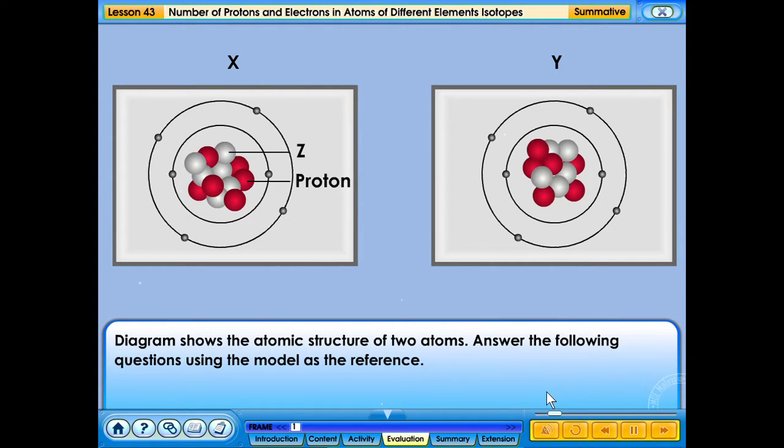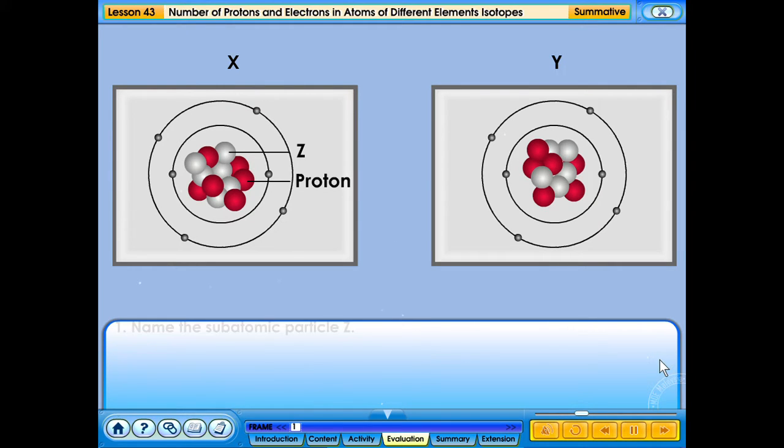The diagram shows the atomic structure of two atoms. Answer the following questions using the model as the reference. Name the subatomic particle Z. Neutron.